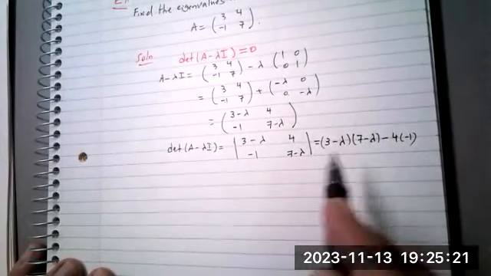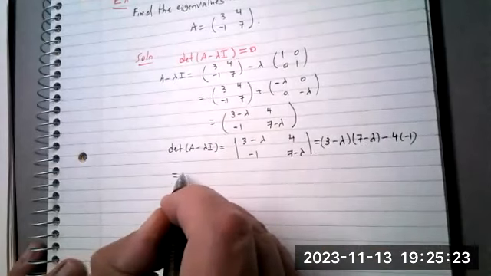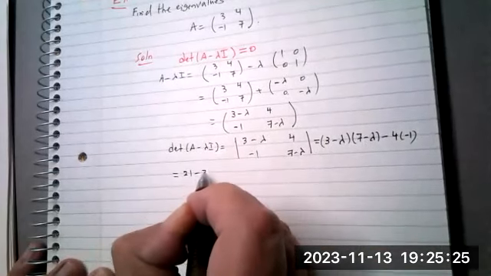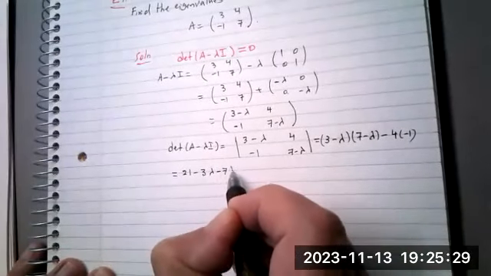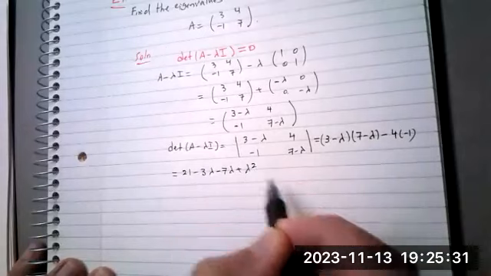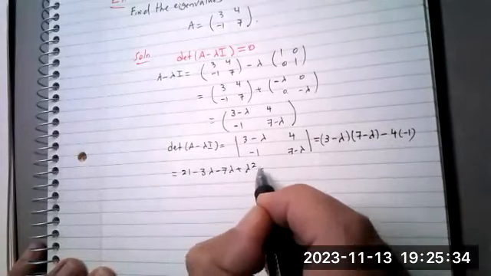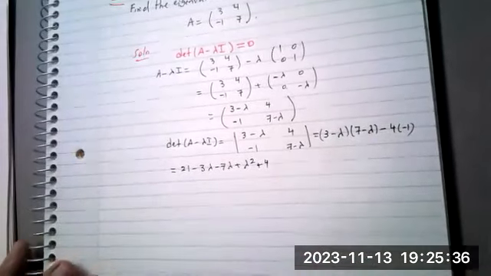So we have to FOIL this one. It's equal to 3 times 7, 21, minus 3 lambda, minus 7 lambda, plus lambda squared, and negative times negative is positive, plus 4.